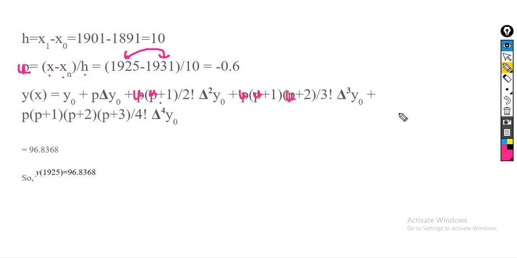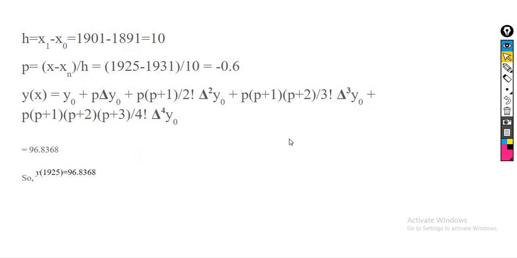So the formulas are known. Sorry, I made a mistake also, these are n. Put this in the formula and you will be able to calculate it. So it comes out that the value at 1925 is almost 96.8, approximately 97.